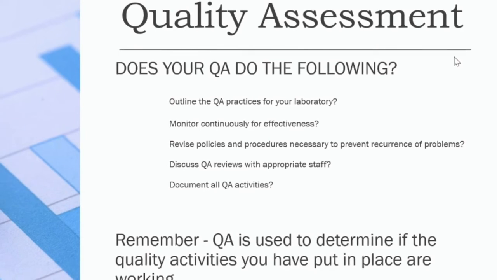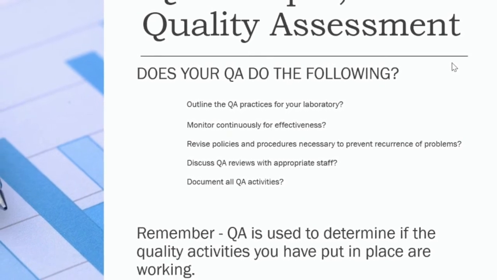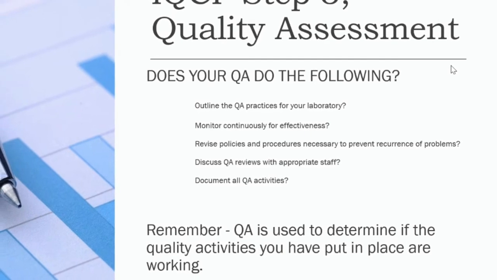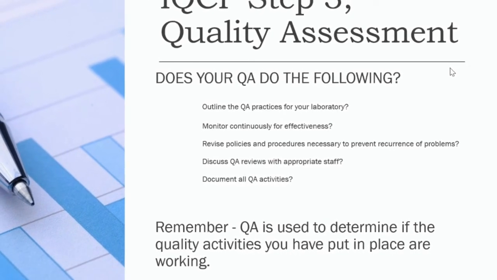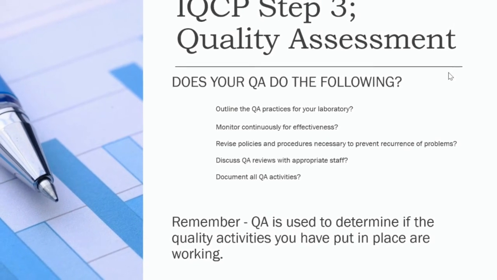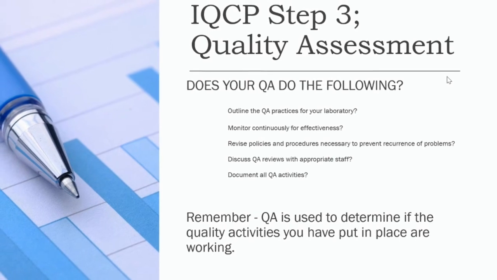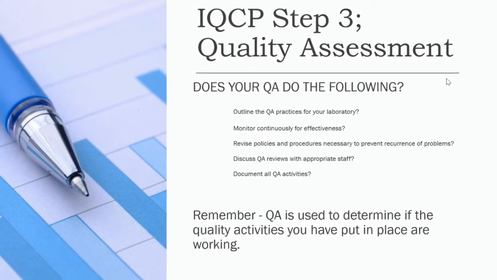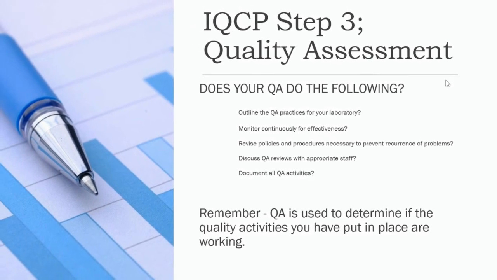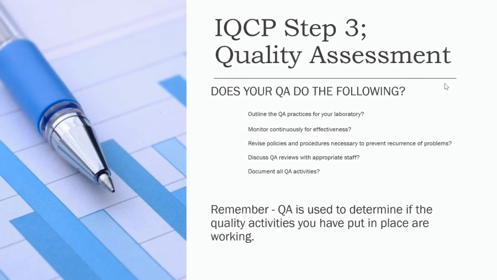Document all QA activities. If all your answers are yes, you have performed a fantastic job and deserve appreciation. However, if you are missing any of these items, you need to further work on your assessment plan. The important thing to remember is that quality assessment is used to determine if the quality activities you have put in place are working or not.